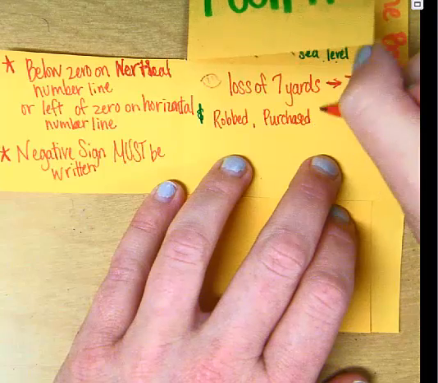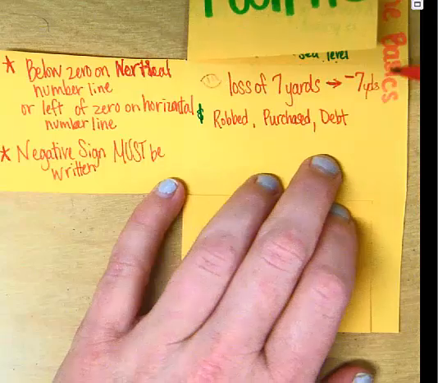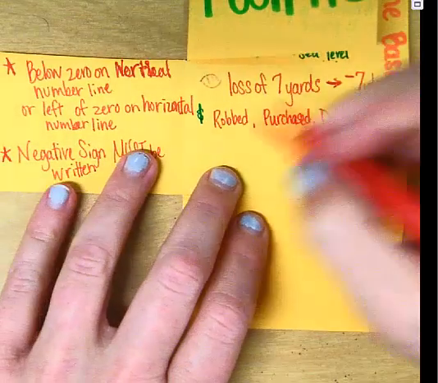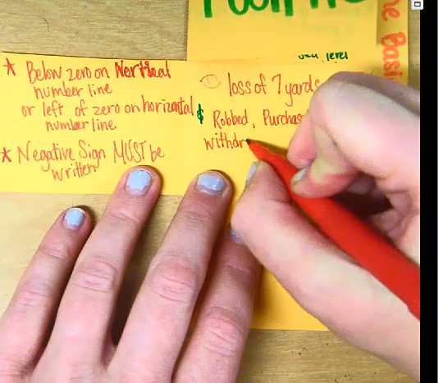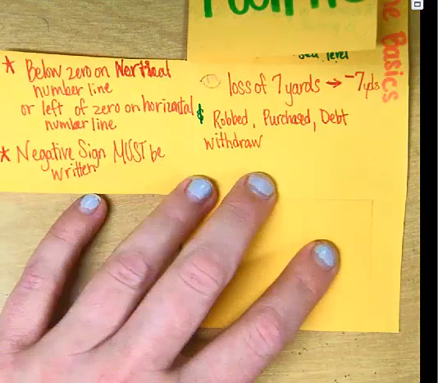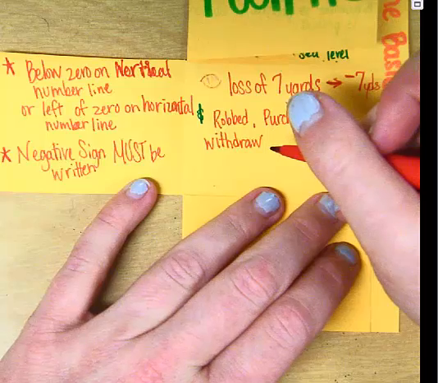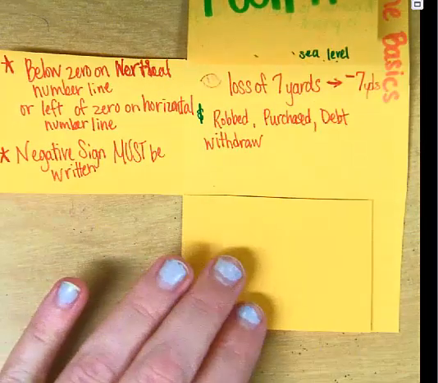That is a negative. If you have debt, we represent debt with a negative sign. If you withdraw money from your bank account, it goes down, that is a negative. Withdraw. Those are all negatives when we're dealing with money.